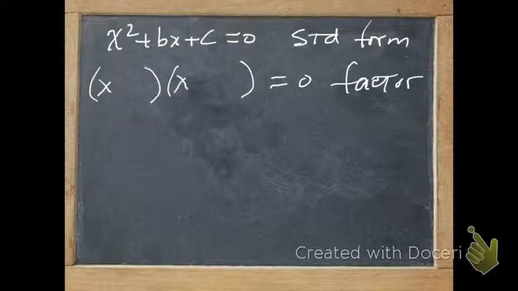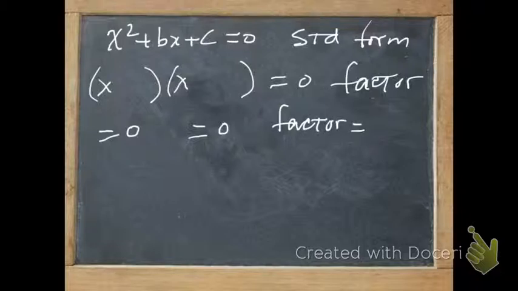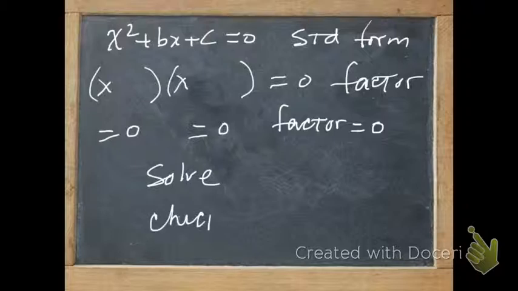Third, we're going to set each factor equal to 0. When is this one equal to 0? When is this one equal to 0? Next, we're going to solve, and then we're going to check our solutions.